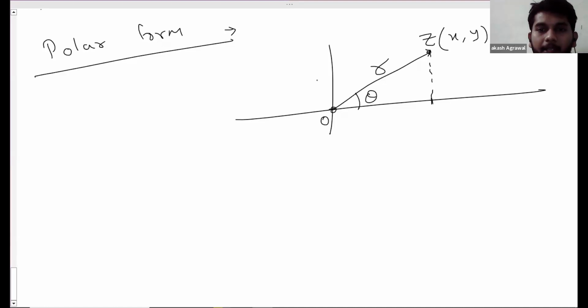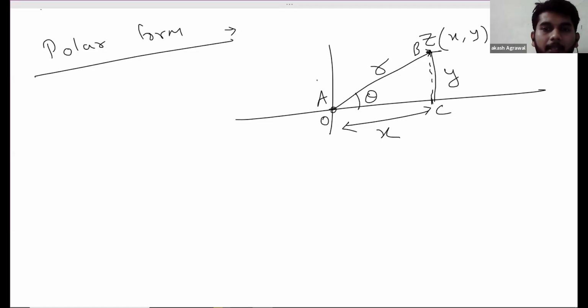So this coordinate till here is x, and this height is y. So if I use trigonometric functions here, can anyone tell me in this triangle ABC, what is sine theta? This is 90 degree.